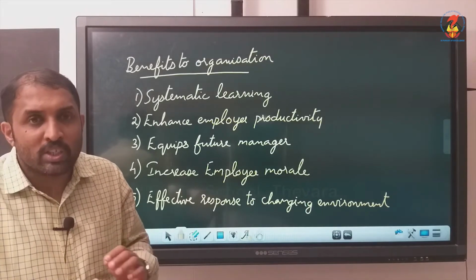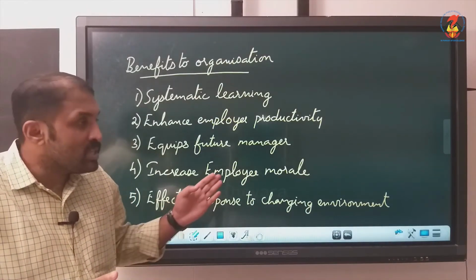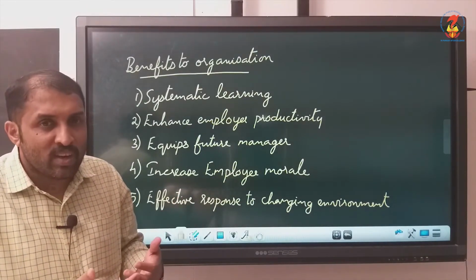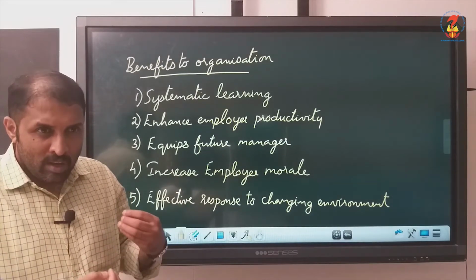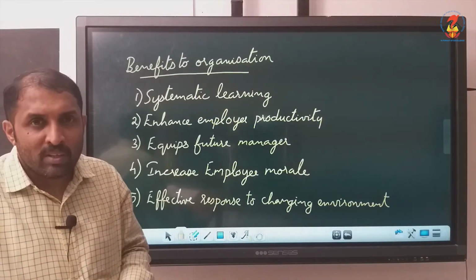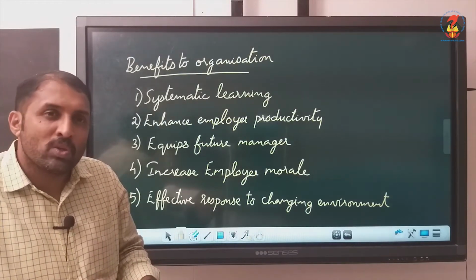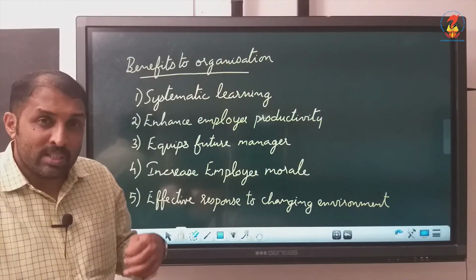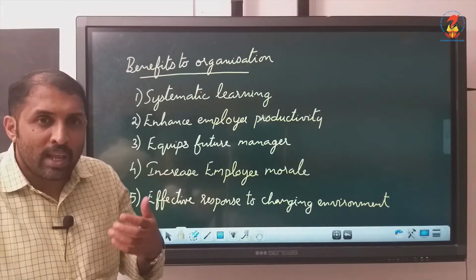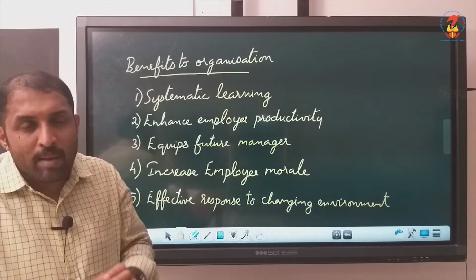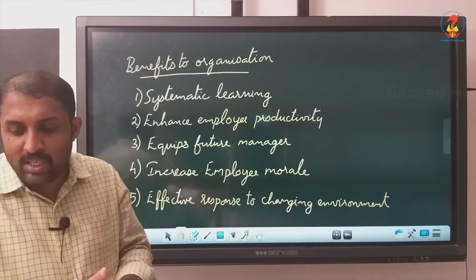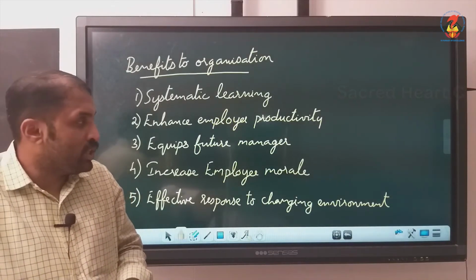And employee turnover can be reduced, because employee morale, satisfaction, and feeling good about himself can be there for an employee. So it increases morale and reduces absenteeism and employee turnover.